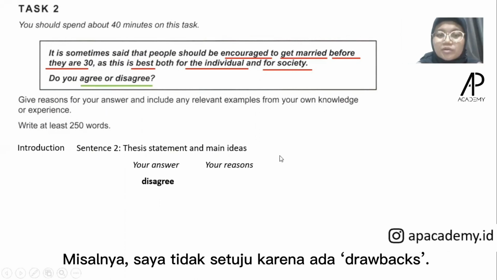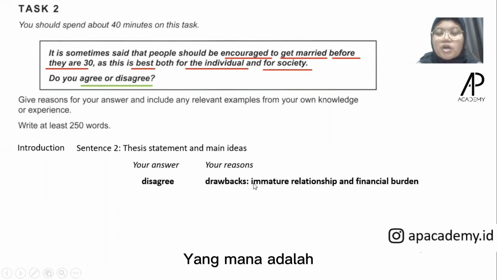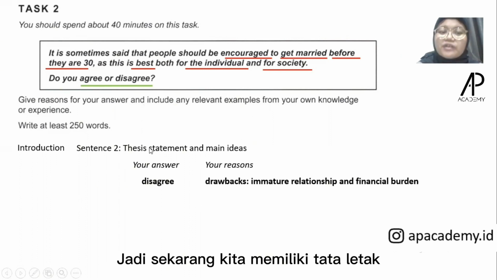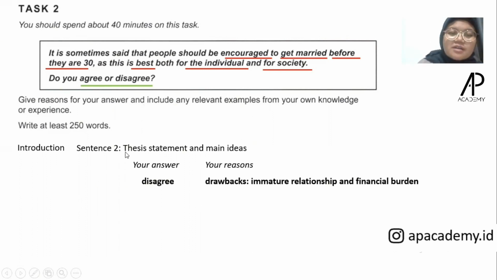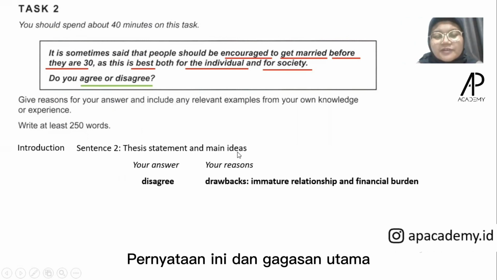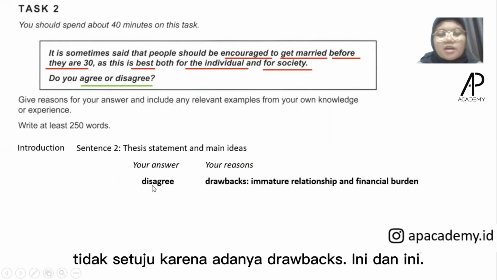For example, I disagree because of the drawbacks, which are immature relationship and financial burden. So now we have a clear layout of your sentence 2. This is the statement and main ideas. Disagree because of drawbacks. This and this.